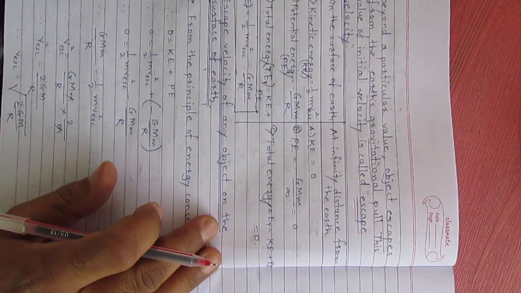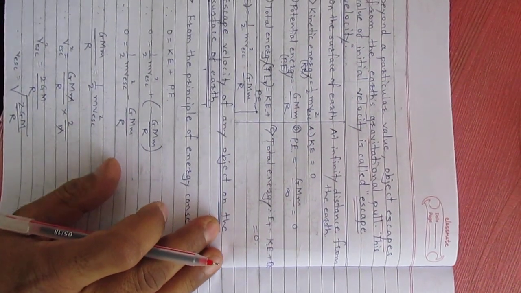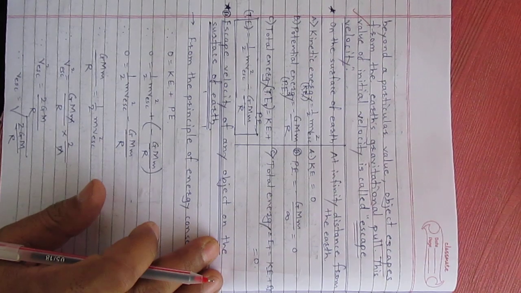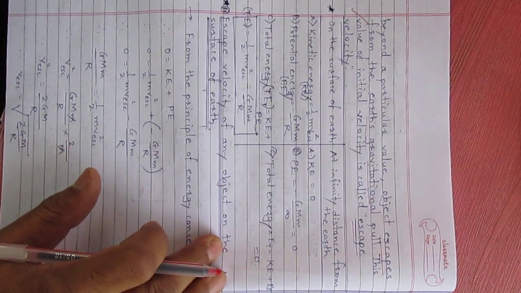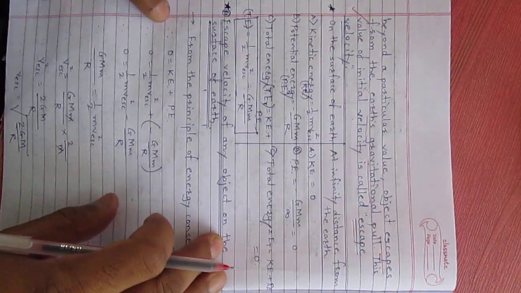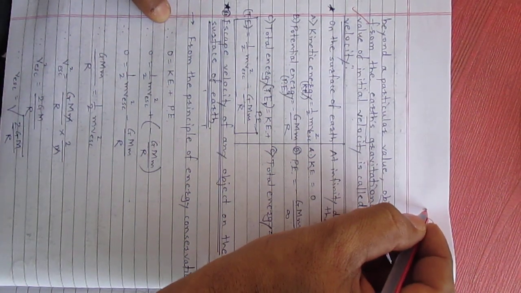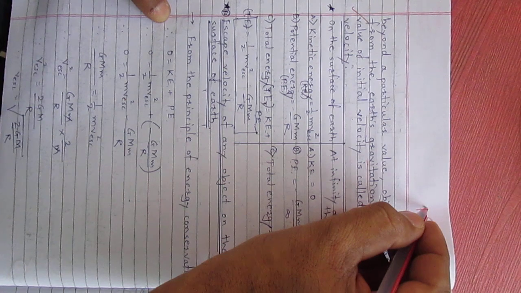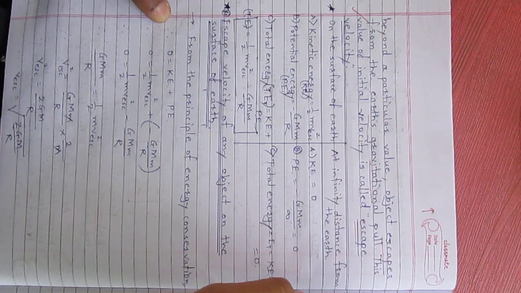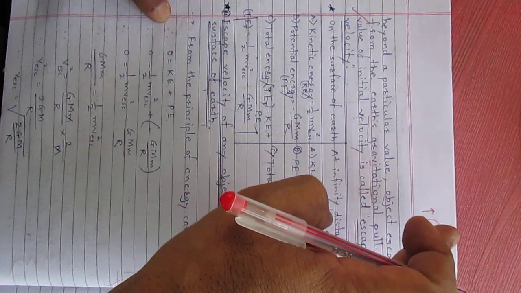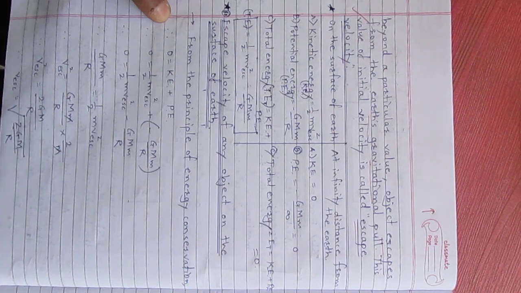And at that place, if a certain amount of initial velocity is there, beyond that point the object will go out of the gravitational pull, and that velocity is known as escape velocity.